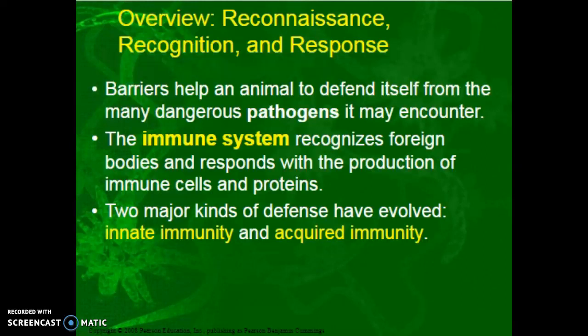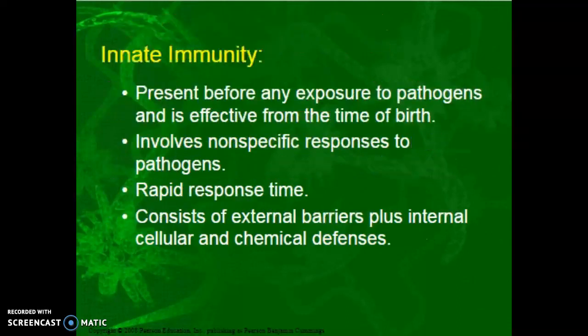So the two major kinds of defense that we have evolved are innate and acquired immunity. Let's look at innate immunity. Anytime something is innate, that means it's something you're born with. So innate immunity, think about your skin, for example. Your skin provides a barrier between the outside and the inside of your body.